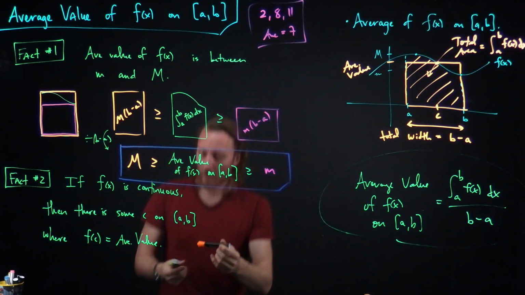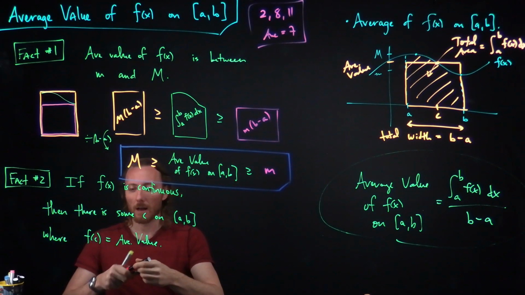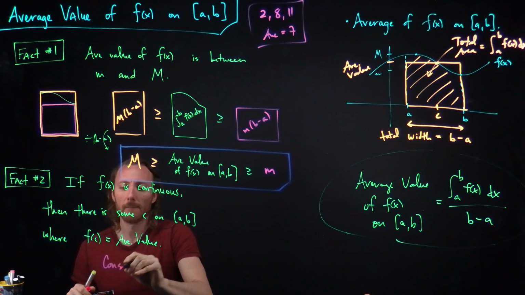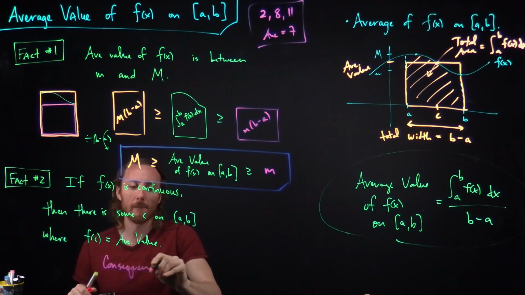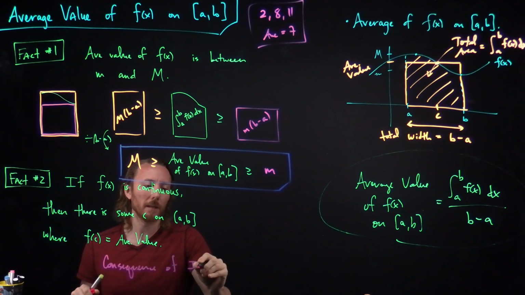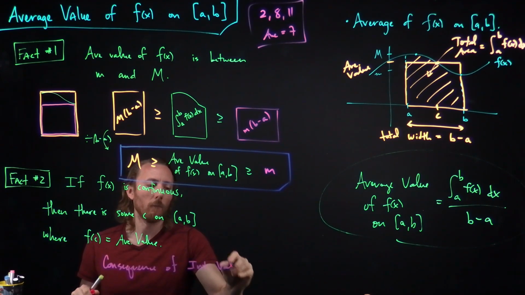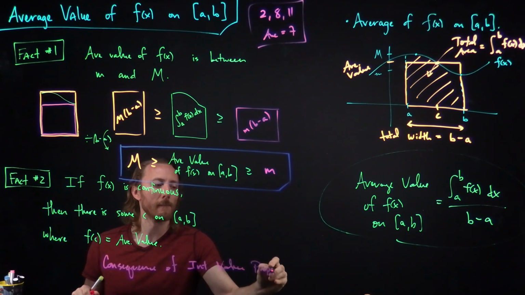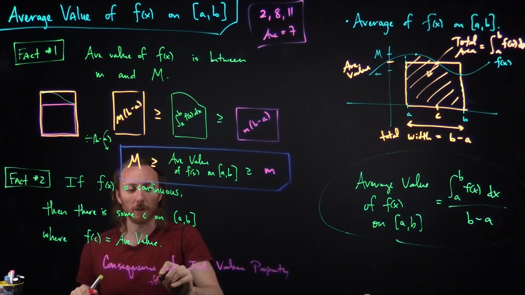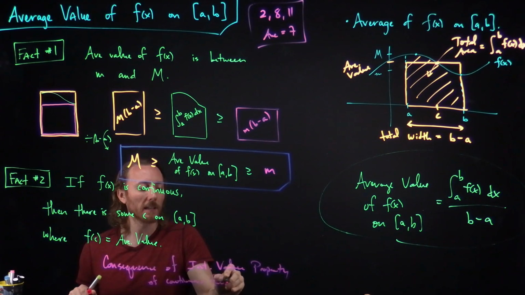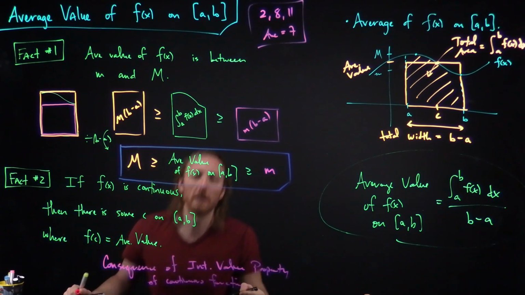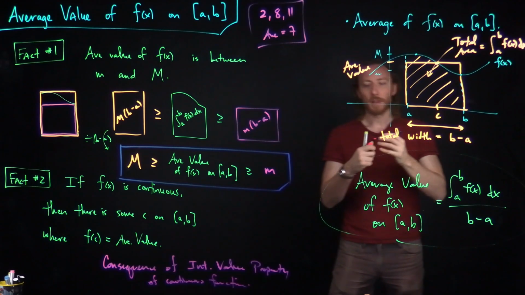So essentially, this fact is a consequence of the intermediate value property of continuous functions. You've got a continuous function. It's going to attain every value between its max and min, which means it's going to attain the average value.